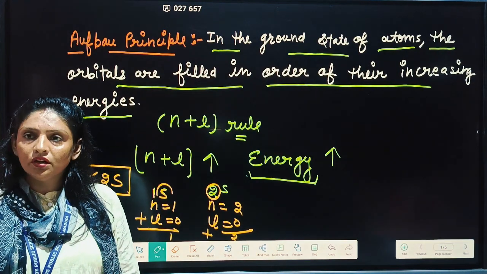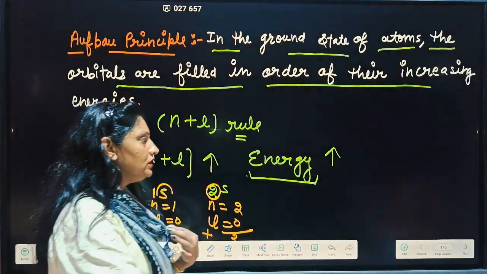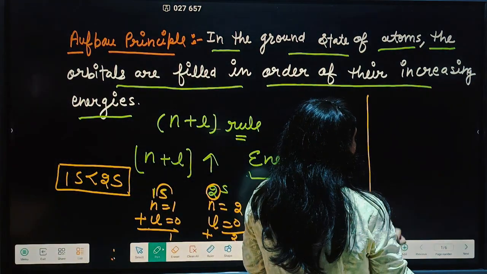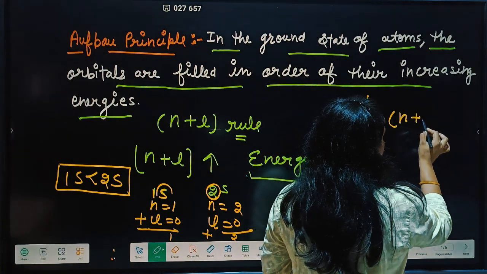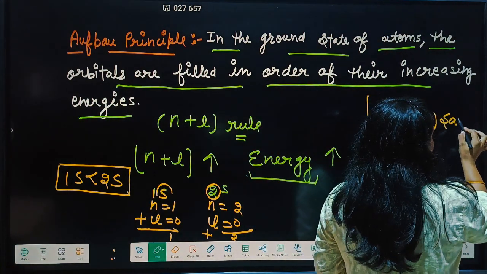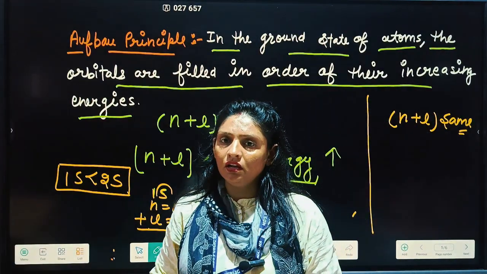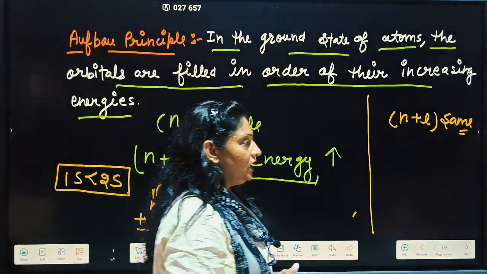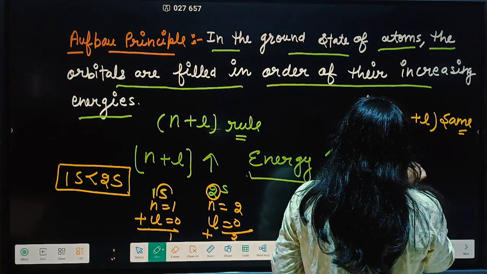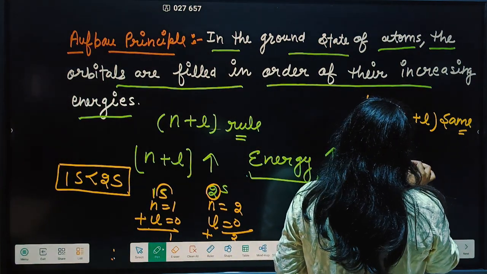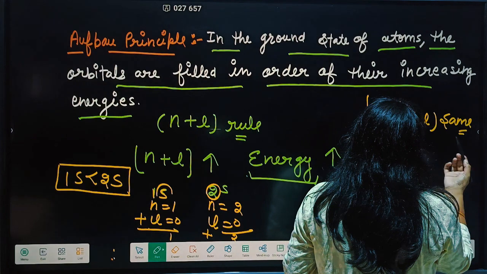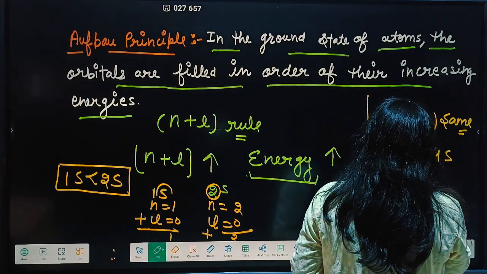Clear or not? But students, if there are two orbitals which have the same n plus L value, then how can we determine energy? Like if I talk about 3p and 4s.